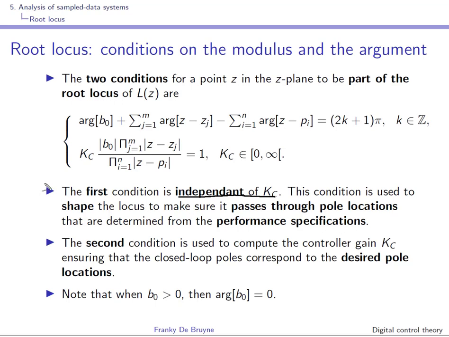Once you have ensured that your root locus passes through these pole locations, you have to choose Kc in such a way that the closed loop poles correspond to the desired pole locations. In this equation, if B0 is positive, the argument of B0 becomes 0. So if B0 is 0, you can leave out this term over here.